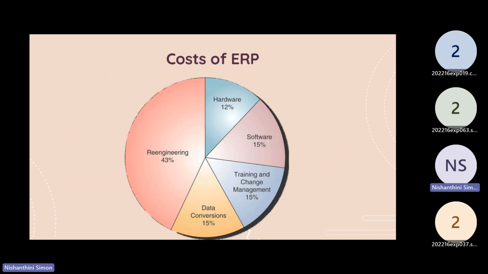Even if you are going to implement a CRM, first we have to look at what we are currently doing in this customer relationship, how the processes are happening, and then how we can improve or overcome these issues and challenges. So for ERP or for any information system or enterprise application, this will be the relatable cost. Right. So that is about the ERP a little bit.